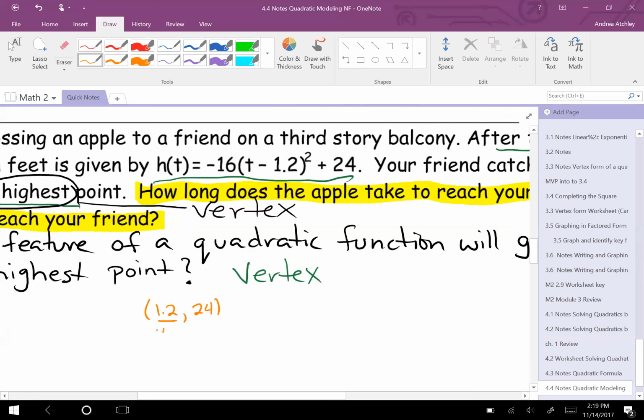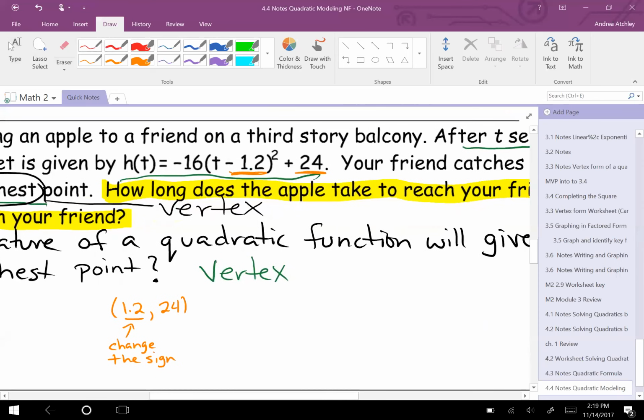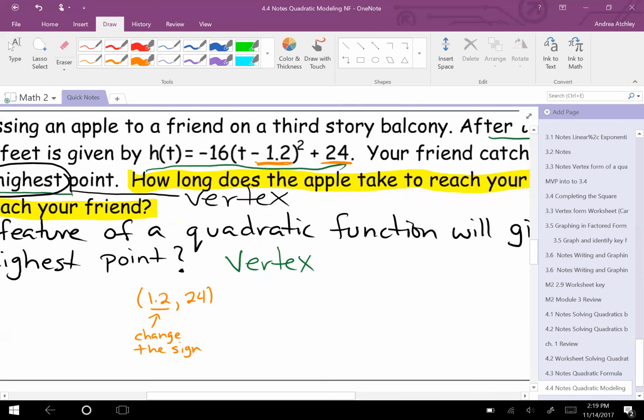Remember this, you change the sign. It comes from right here and right here. That's the vertex. Now, what does that mean? We still need to answer the question, how long does the apple take to reach your friend? And at what height does it reach your friend?